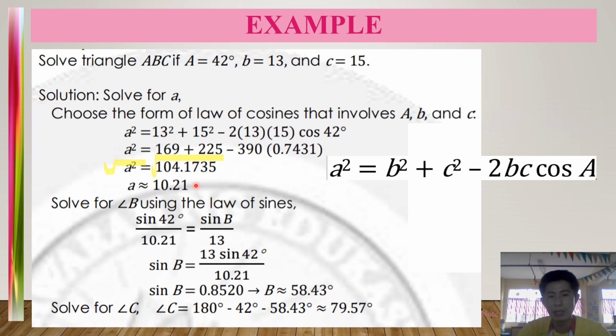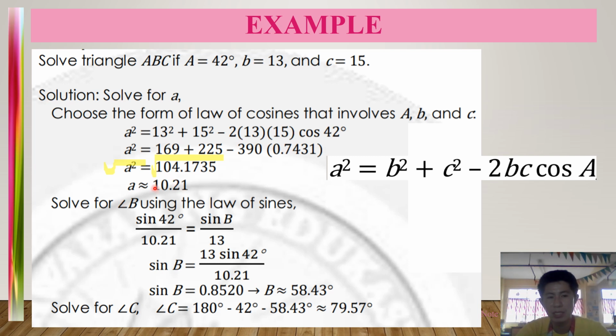Naka-round off na siya into 2 decimal places. Okay, so final answer, i-round off natin into 2 decimal places. So ibig sabihin niyan, the length of side A is 10.21 units.